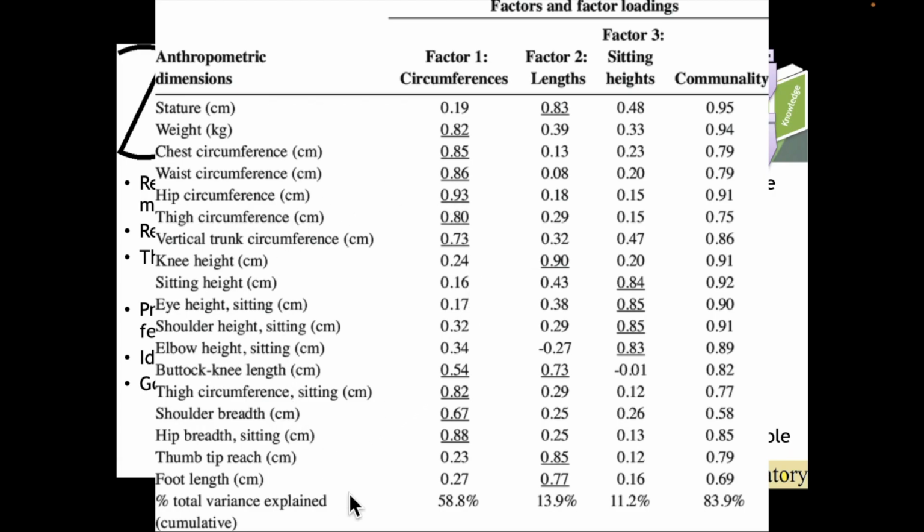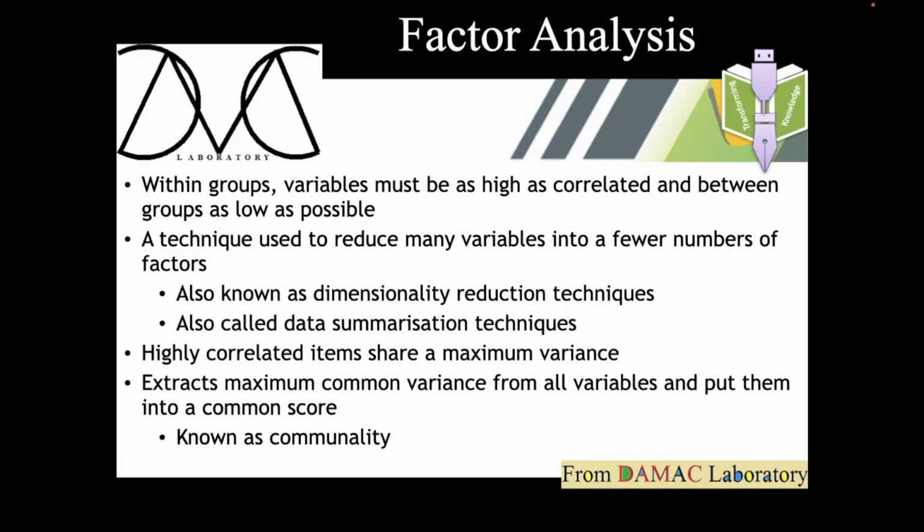Many of these are grouped together to create a factor called circumference. Factor 2 groups some other attributes and you name them length. You can name it any other word, meaningful or meaningless, but it is better to give a meaningful word. Similarly, factor 3 groups some of those 18 attributes, creating an ultimate 3-column data set instead of an 18-column data set.